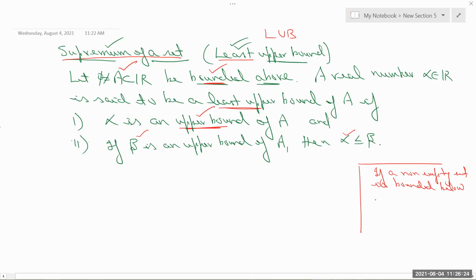So there you can define the greatest lower bound, the infimum of that set. So we will learn it with the help of examples. Now, what is the difference between supremum of a set and maximum of a set?